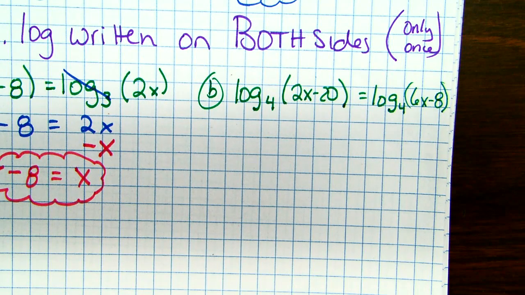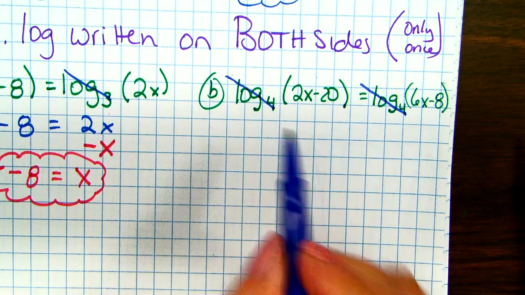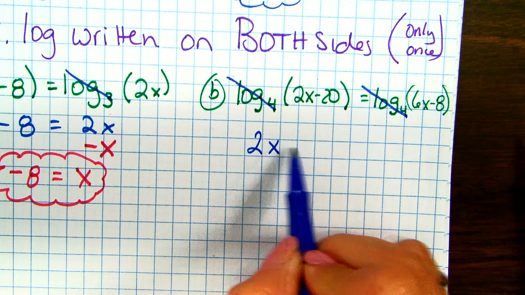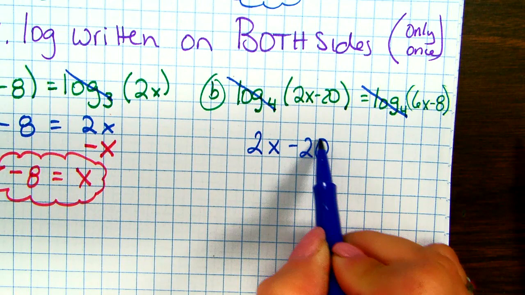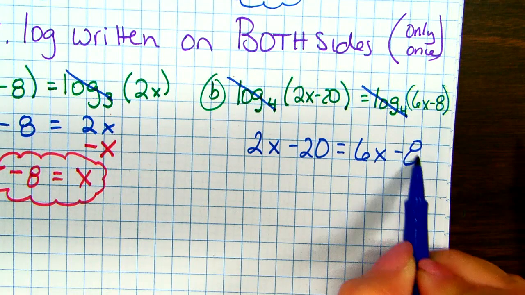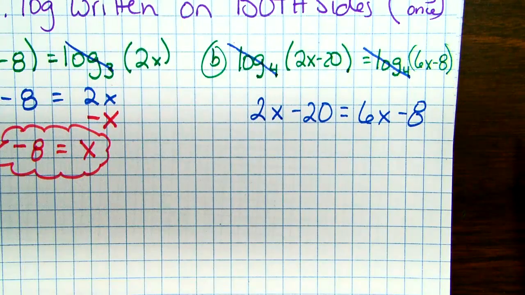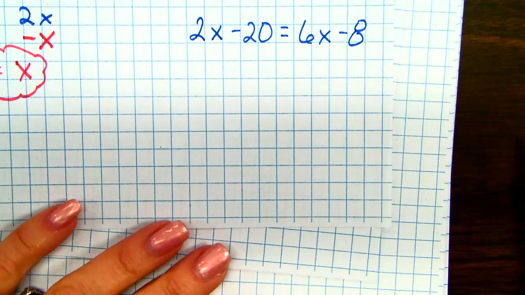Log with base 4 on both sides. They cancel out, right? When you have identical things on both sides, you can cancel them. That leaves me with just 2x minus 20 equals 6x minus 8. And now I just solve the equation, just like I would always solve this equation.